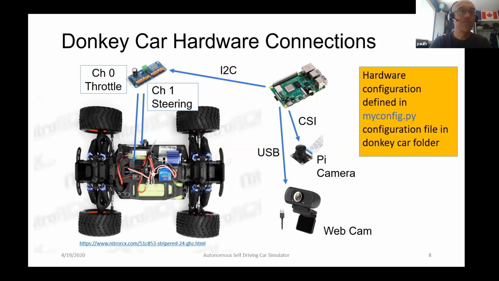This is just a different view. I'm trying to highlight the connections. The communication between the computing board and the PCA 9685 is I2C, which is just a low-level serial protocol. From there, it goes to channel 0 and 1, which I have here as throttle and steering.